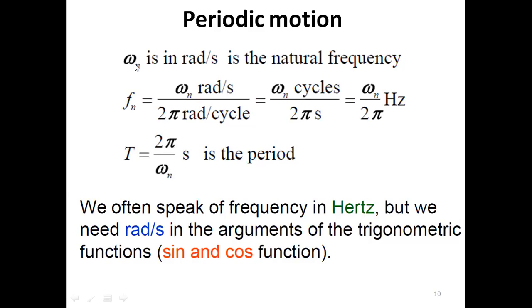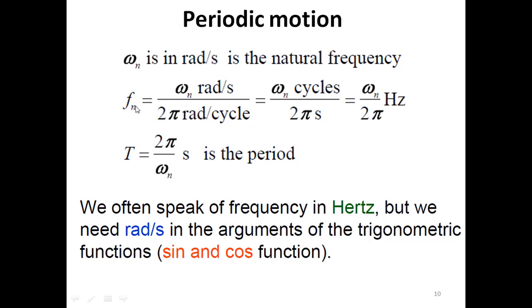So omega n is the circular natural frequency, and its unit is radians per second. Fn we call the natural frequency. Omega n is the circular natural frequency. And the relationship between Fn and omega n is Fn is equal to omega n by 2 pi.